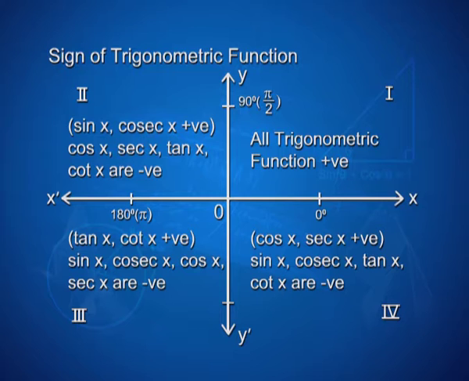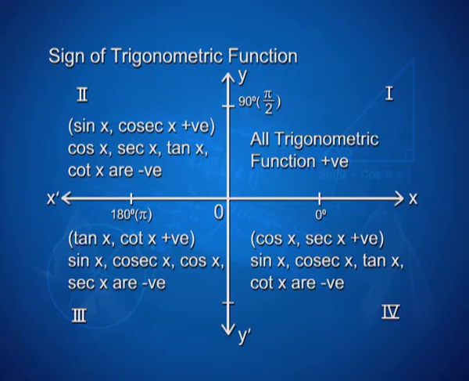In the first quadrant, all the trigonometric functions are positive. In the second quadrant, sin x, cosec x are positive, cos x, sec x, tan x and cot x are negative. Whereas, in the third quadrant, tan x and cot x are positive and sin x, cosec x, cos x and sec x are negative.